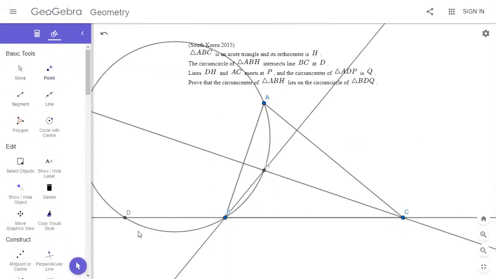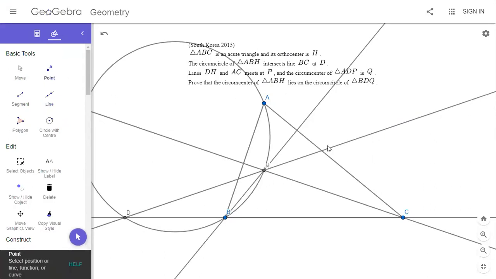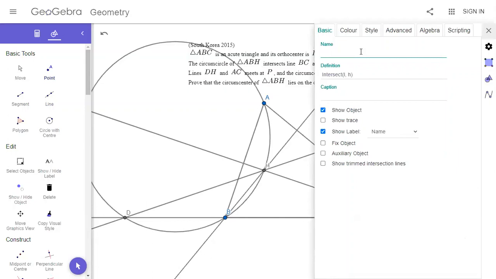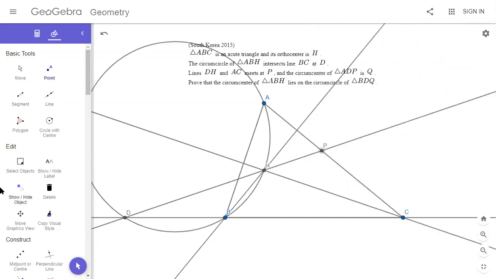All right, and lines DH and AC meet at P. And the circumcenter of ADP is Q.